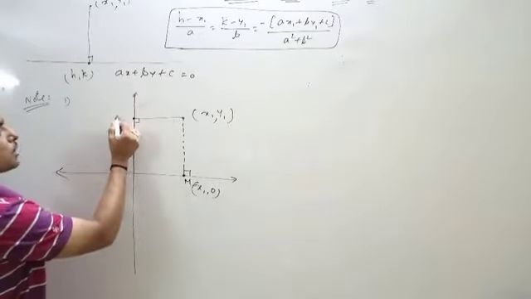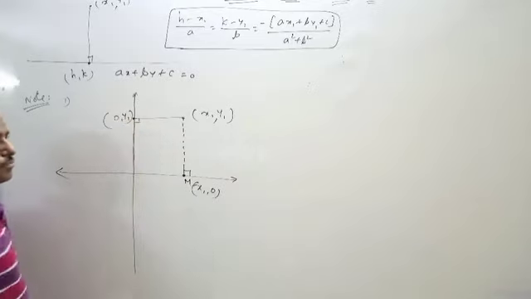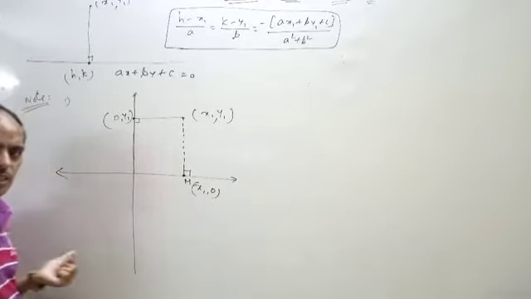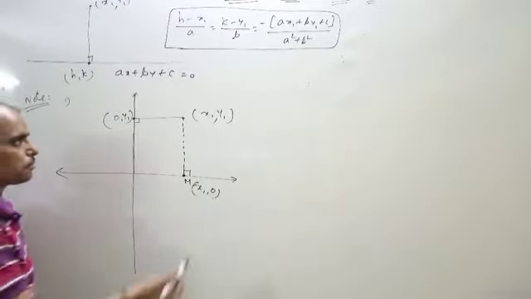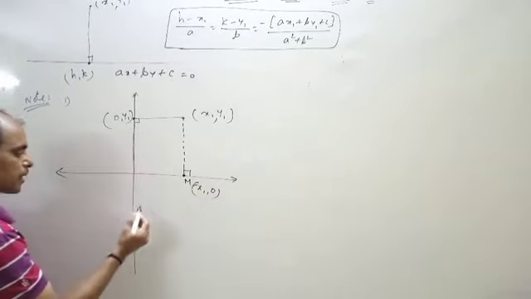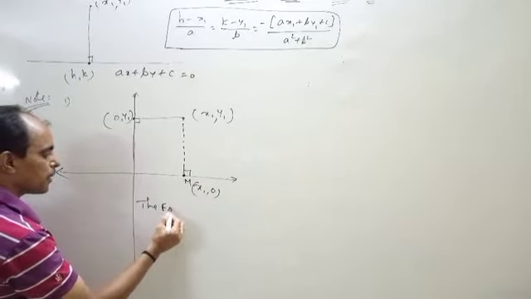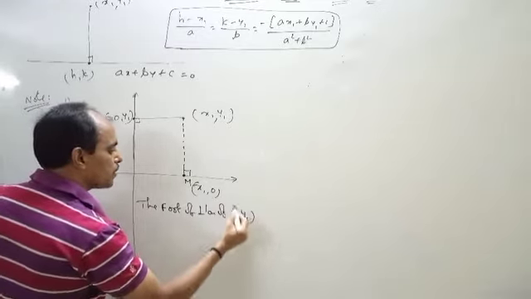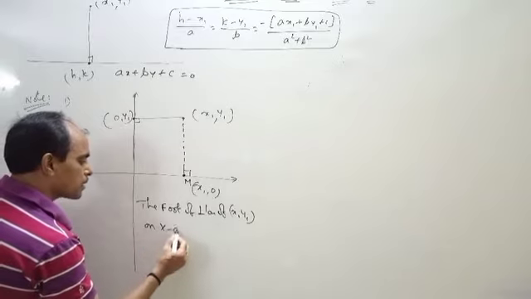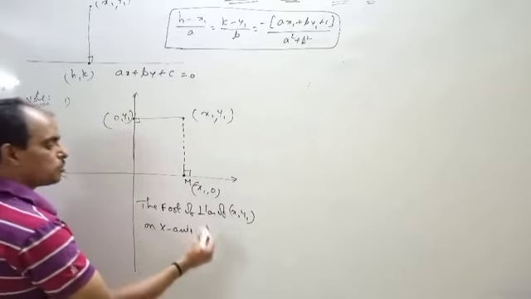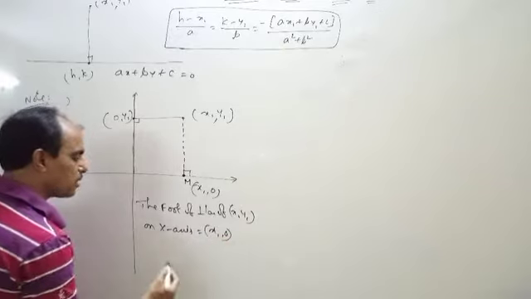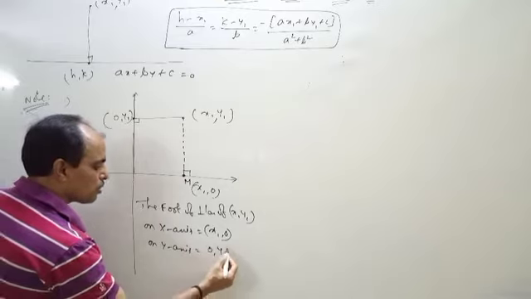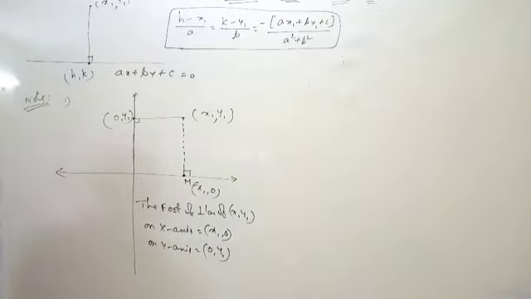This is nothing but (0, y1). Similarly, the foot of perpendicular of (x1, y1) on the x-axis is (x1, 0), and on the y-axis is (0, y1). Remember that.